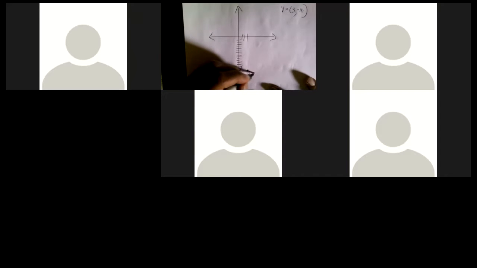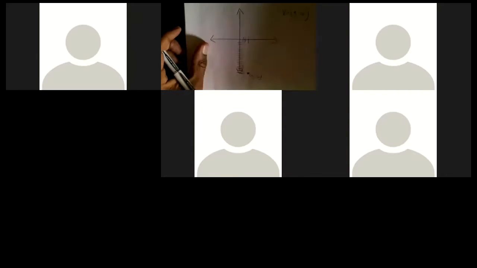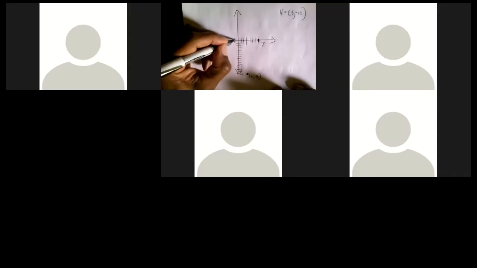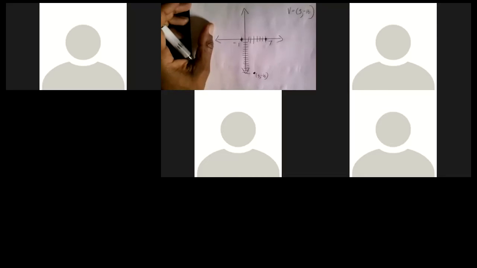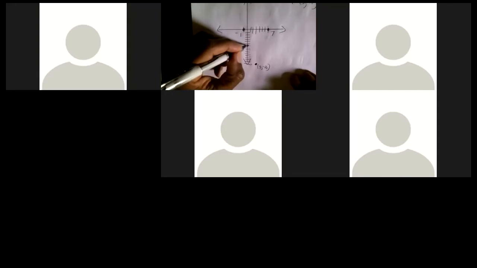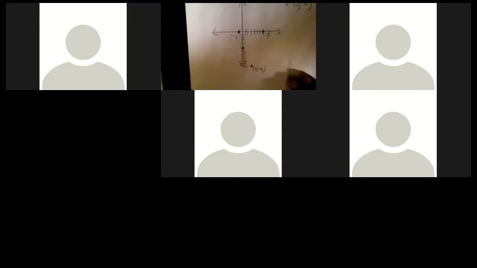Here's our vertex. Then what else did we get? We got the x-intercepts 7 and negative 1. So there's our 7. There's our negative 1 and our 7. There's our vertex. And the last thing we wanted was the y-intercept, negative 7. Right here. So you see how we're going to draw our parabola.